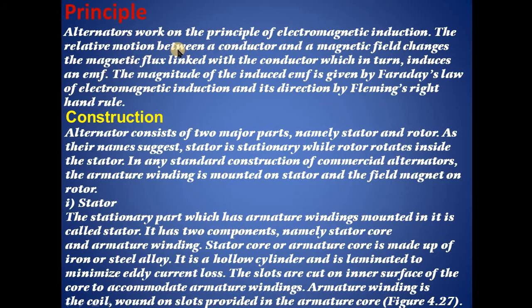So already we know the process of producing EMF: whenever the magnetic flux linked with the conductor changes, an induced EMF is produced, from Faraday's law concept. So the magnitude of the induced EMF is given by Faraday's law of electromagnetic induction and its direction by Fleming's right hand rule. Do you know the Fleming right hand rule?